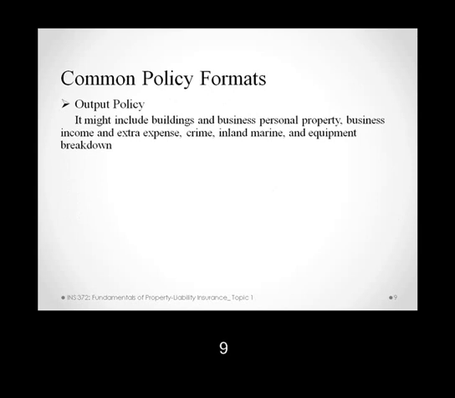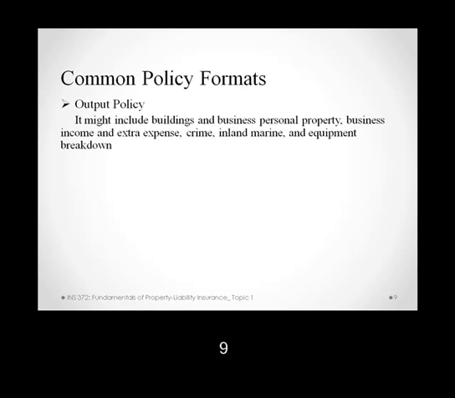The next thing we're going to talk about is an output policy. Now the specific unique property about an output policy is, first, it is a multi-line policy. But the biggest difference between an output policy and a regular multi-line policy is that the regular multi-line policy provides different kinds of coverages through different policies.